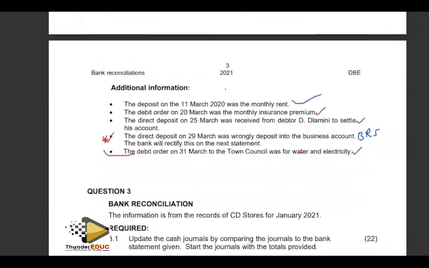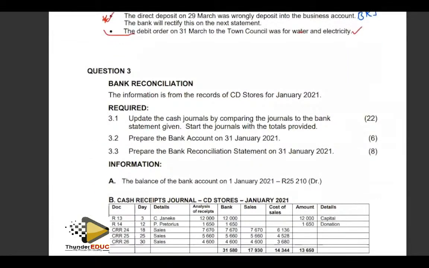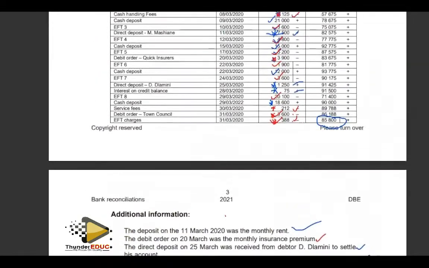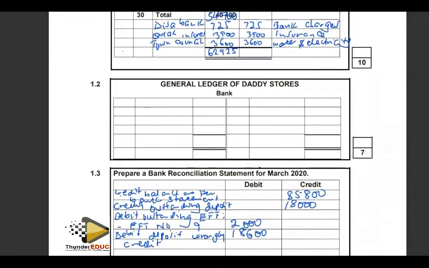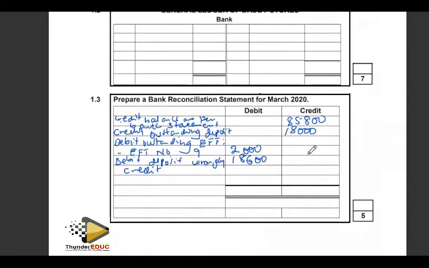the bank reconciliation statement here. It is in my bank reconciliation statement, in my answer book, I'm going to have, let me add the debit side, the credit side first. Let's add this side and see. The credit side is 85,800 plus 18,000.